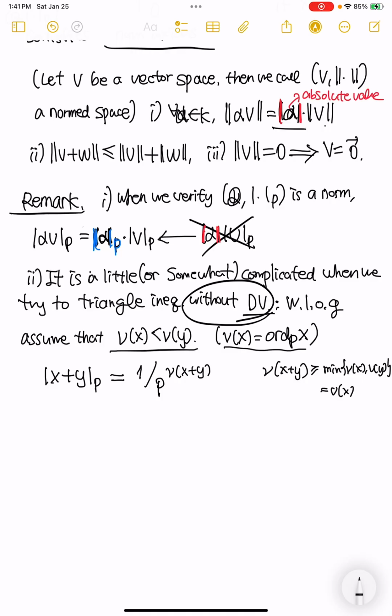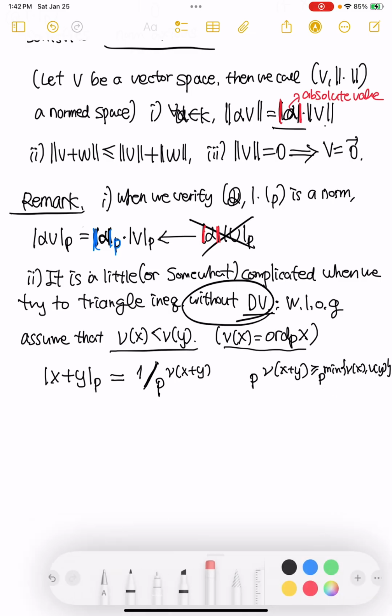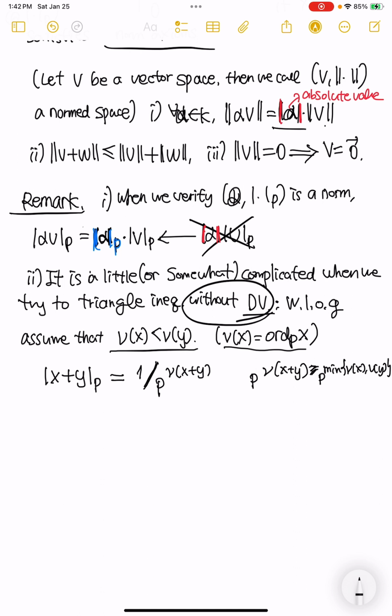So, when you take the exponential of p, the inequality is also valid, but when we take the inverse, the direction should be changed. And p is a prime number, a natural number greater than 2, so it satisfies this relation. And by assumption, that is ord_p(x), so that is also satisfied.